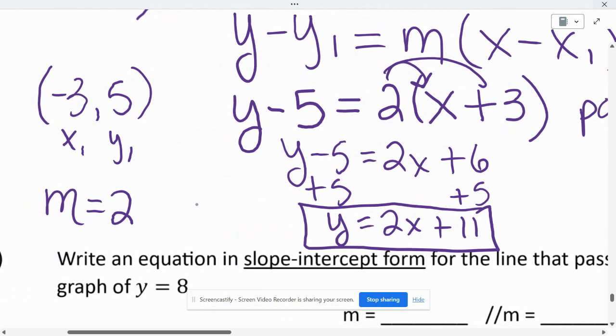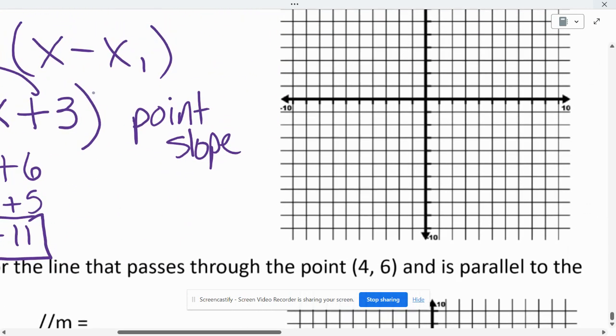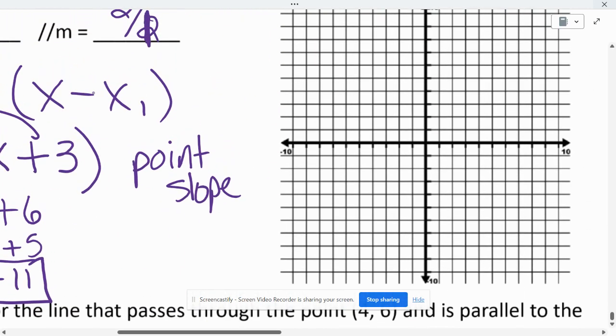I'm going to graph this line using the slope and the given point, not the equation. So I'm going to start at the point -3, positive 5, and then I'm going to count a slope of up 2/1. So -1, 2, 3, positive 1, 2, 3, 4, 5. And from there, I'm going to count my slope up 2/1.